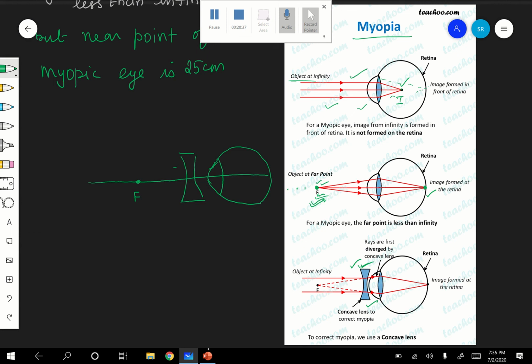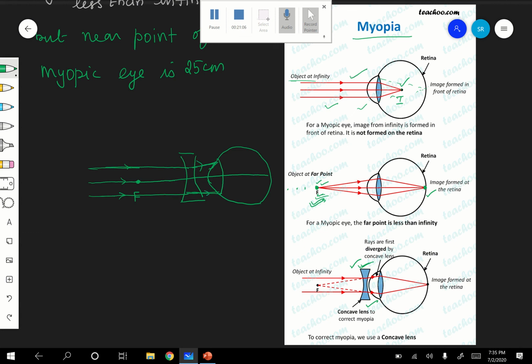So the parallel rays are coming, and slightly they will diverge. Are you following? It is diverged slightly instead of going parallel.